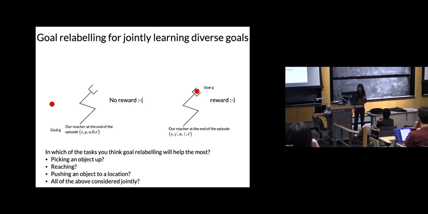Next, which one is the next easiest that goal relabeling is going to help? Push. Okay, so what's wrong with picking? Yes? It requires a complex set of actions to get to the picking up place. You've got to move your hand there, then close your hand, then pick it up. True.